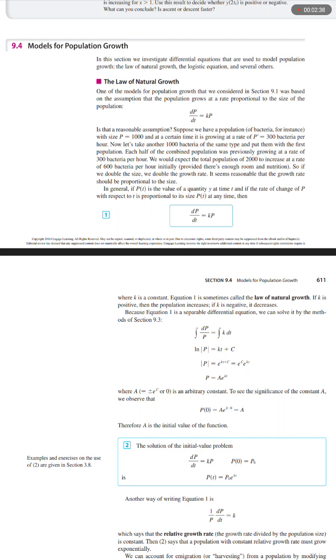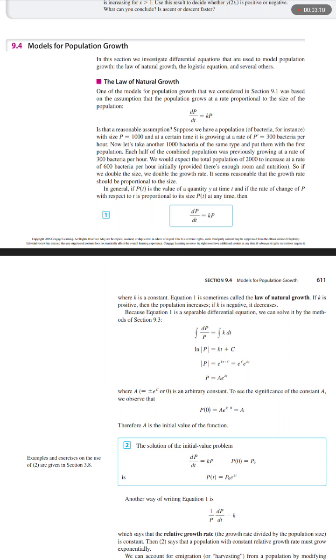The integral of dP over P equals the integral of k dt. The natural log of the absolute value of P is equal to kt plus C. Absolute value of P equals e to the power kt plus C, which equals e to the power C times e to the power kt.